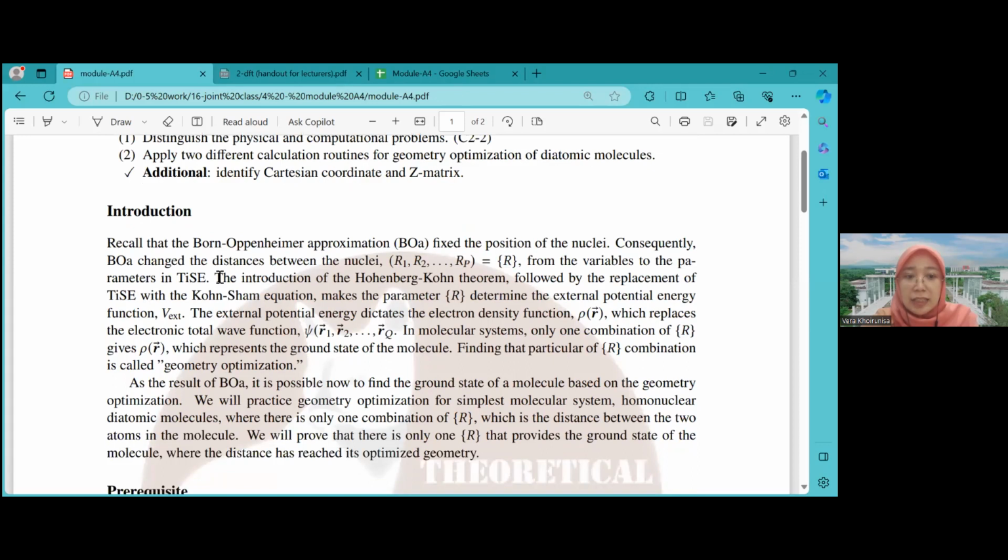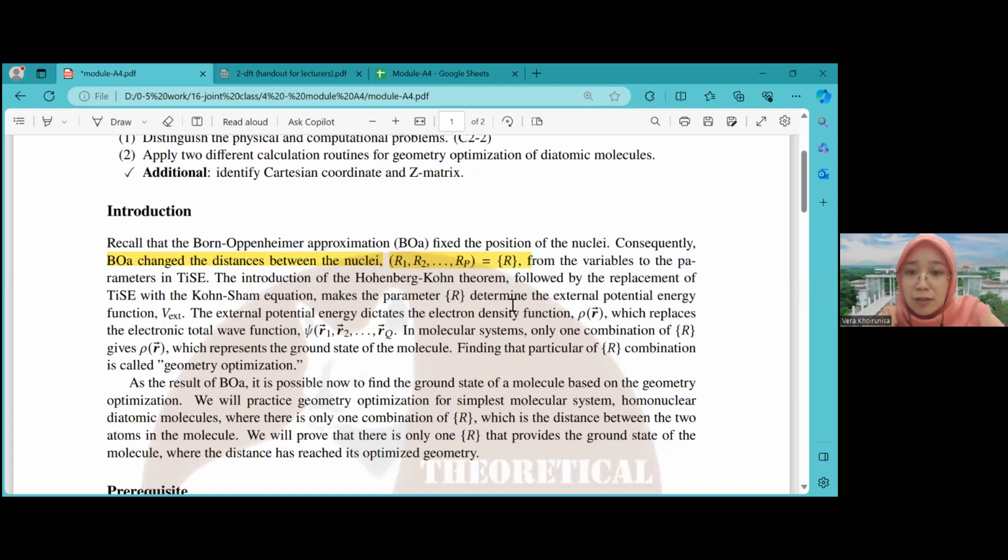And then the introduction of the Hohenberg-Kohn theorem, followed by replacement of Ψ with the quantum equation, makes the parameter R determine the external potential energy function, or V external. So the first information is that BOA changes the nuclei from variables to parameters.